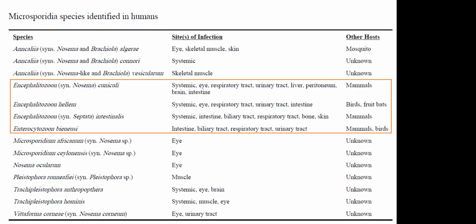Really, the only organ missing in this group is skeletal muscle. Otherwise, pretty much they can infect in one way or another just about every organ and tissue in the body. But they do have a propensity for certain systems, depending on which species we're looking at.